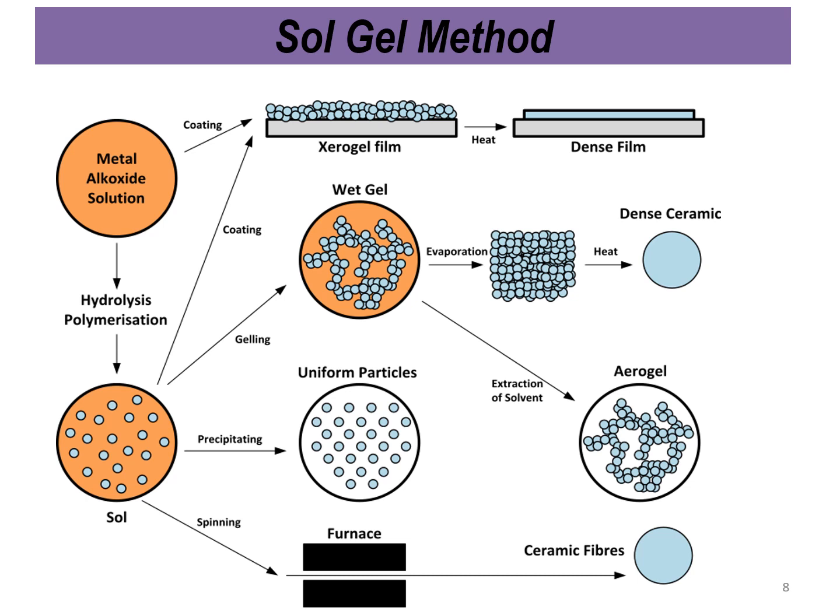In a similar way, from the sol we do the process of spinning, and after spinning we pass the material through a furnace. A furnace means we apply a higher temperature to process the material, and as a result we can obtain ceramic fibers.